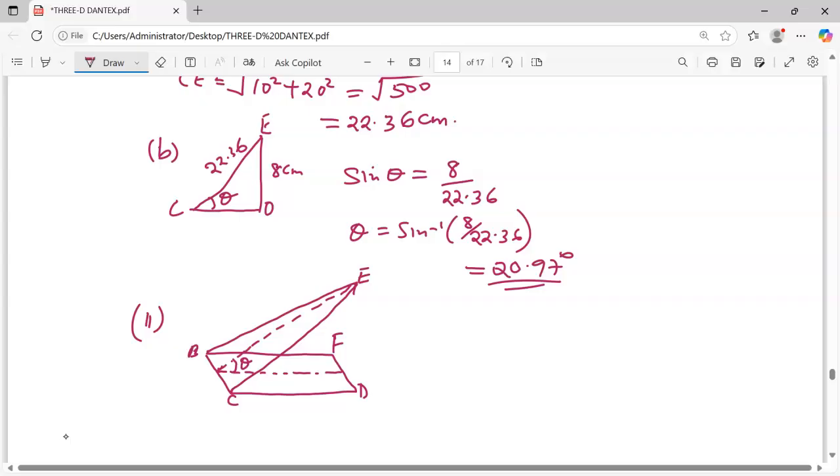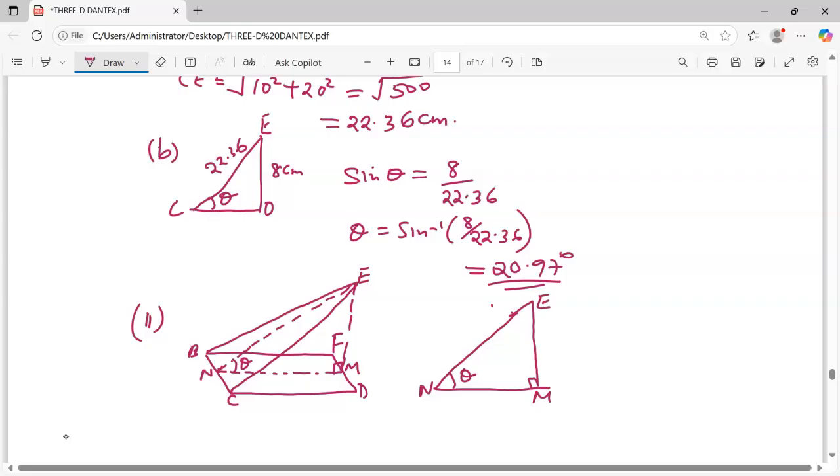So if I join a line from E to the common point of intersection at this point, we can call this particular point O, or simply M. Then use this triangle here to get the angle in question. This is the angle theta here. We can drop a perpendicular to meet this at point M. Let me call this point N here, and of course this is a point E.